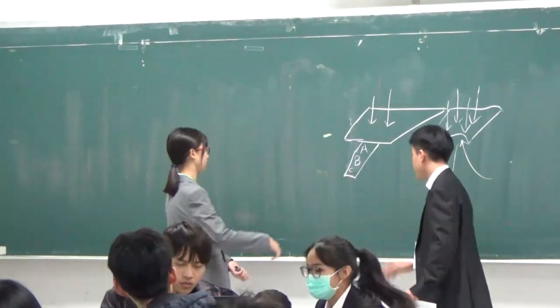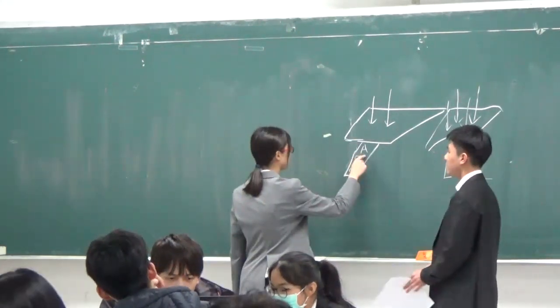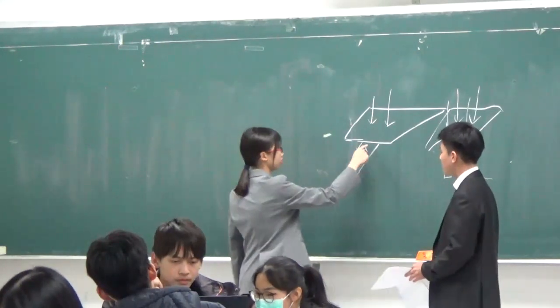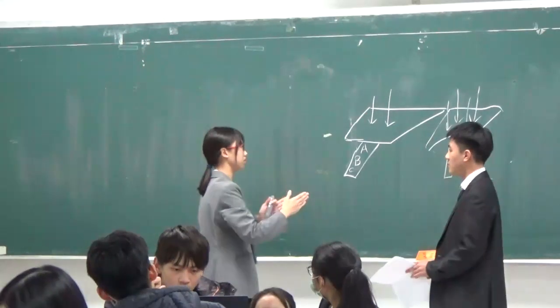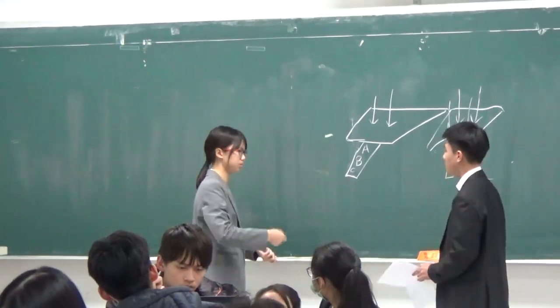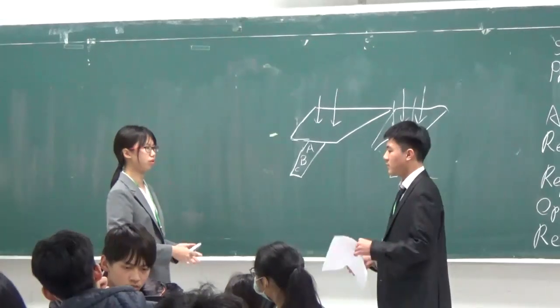Oh, so when the ball is closer to A, then it is closer to the fulcrum. So the length of the arm of the force is smaller. So the torque of the ball is smaller. Then it won't fall off that easily.